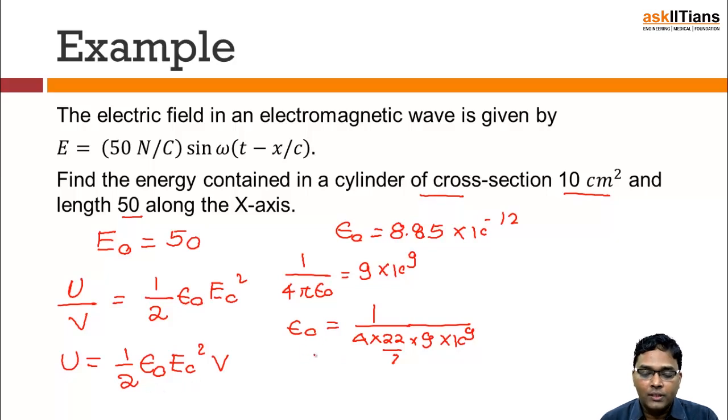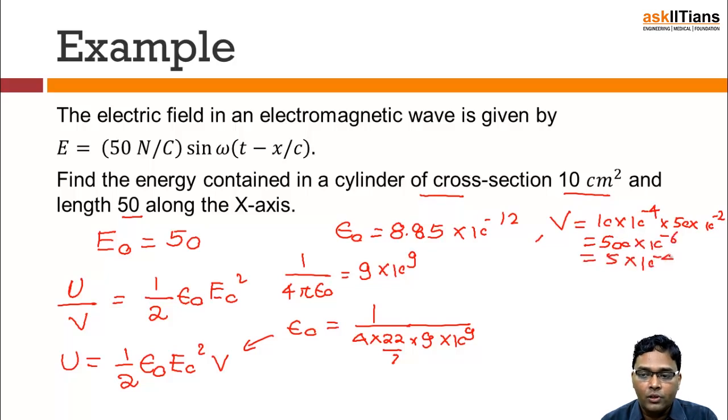So you need to just put this expression here, and the volume is given as, so 50 centimeters is going to be, so the volume is going to be equal to 10 into 10 to the power minus 4 into 50 into 10 to the power minus 2, so that becomes 500 into 10 to the power minus 6, or we can say 5 into 10 to the power minus 4 meter cube.